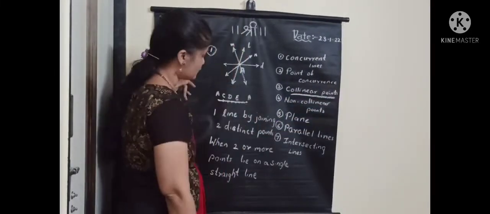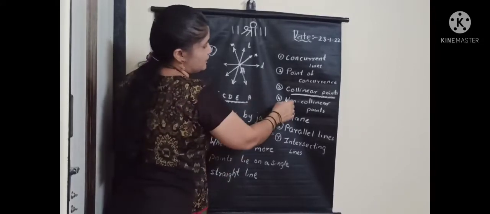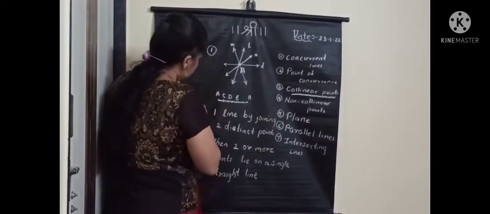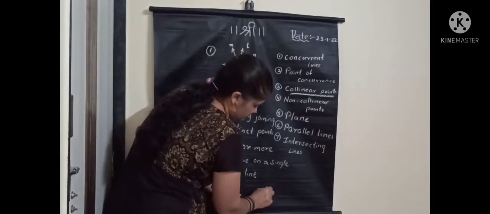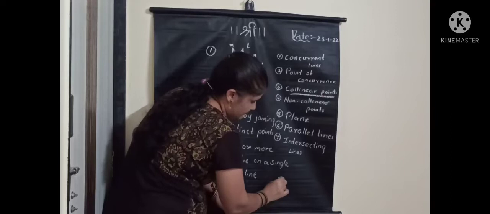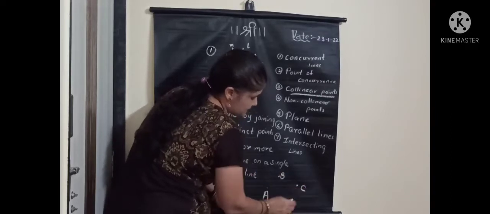Those points are called collinear points. Now if two or more points, point A, point B, point C.